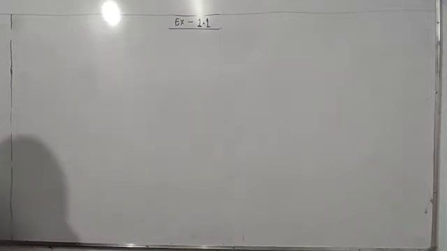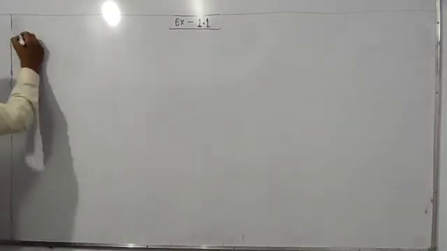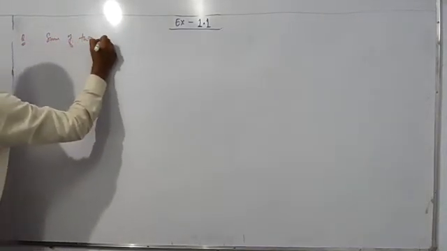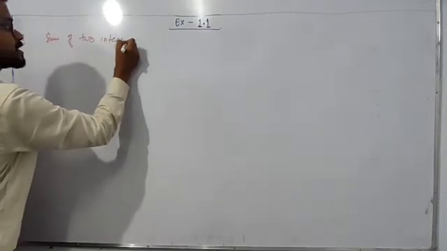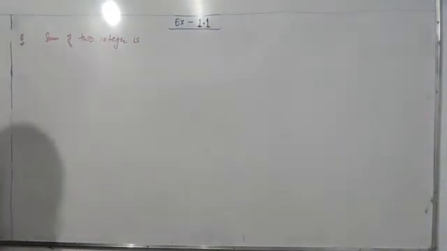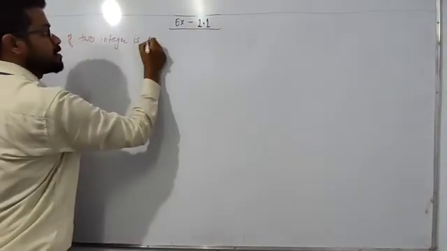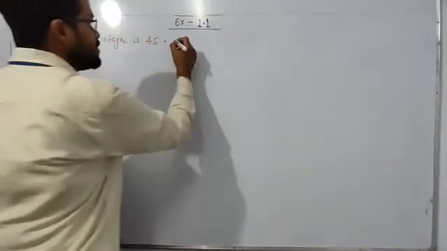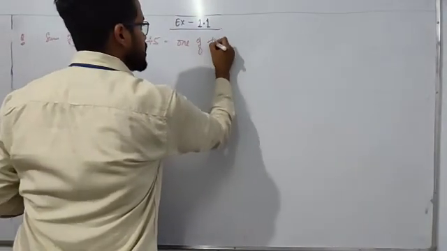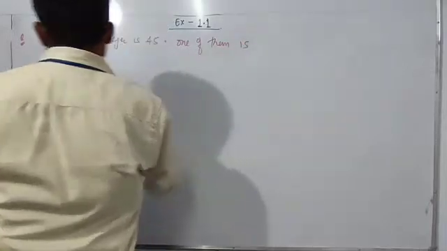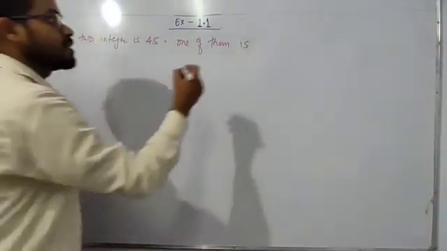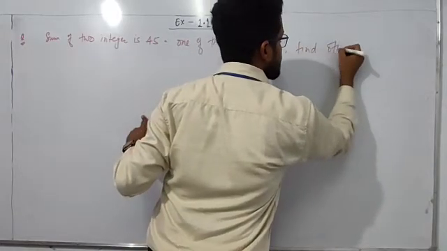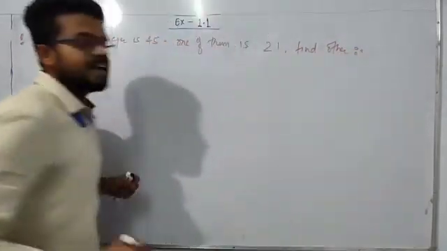The question is: sum of two integers is 45. One of them is 21. Find the other.